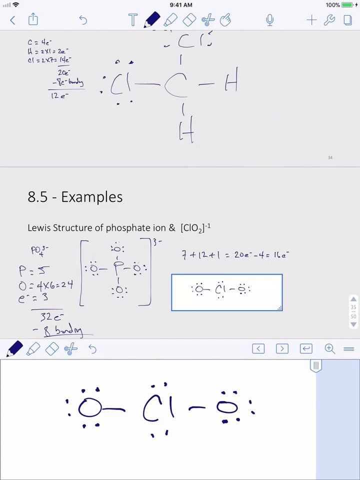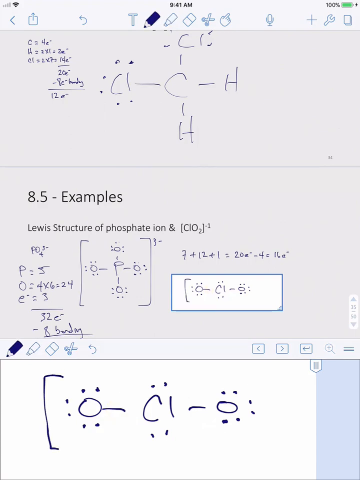So that's a total of 16. And now I look at this molecule and everything has an octet. We have bonding pairs and non-bonding pairs, so 2, 4, 6, 8 for oxygen, and it'd be the same for the other oxygen. 2, 4 in bonding and 2, 4 in non-bonding for a total of 8. So everything has an octet and everything should be satisfied now.